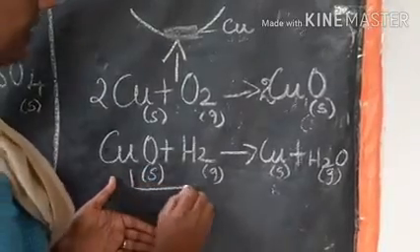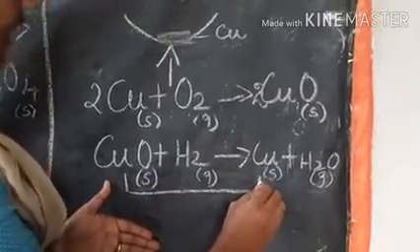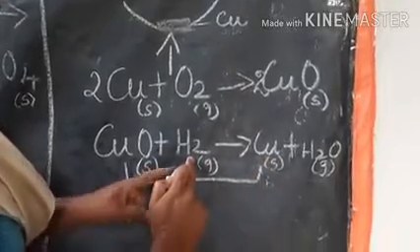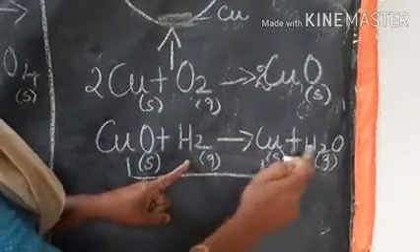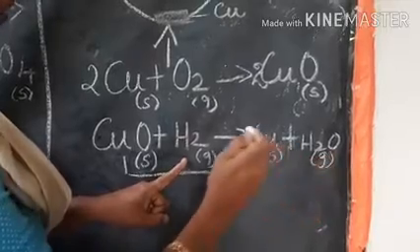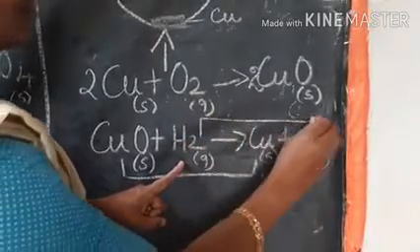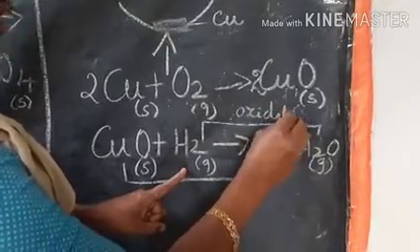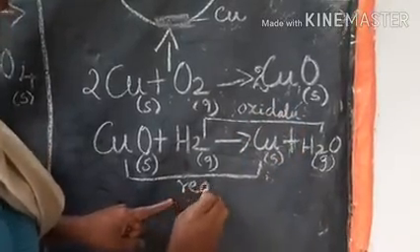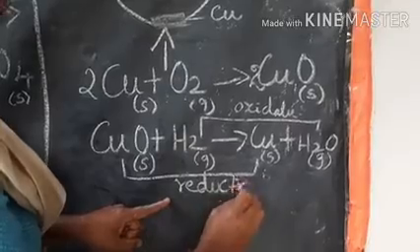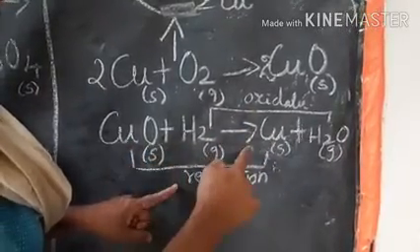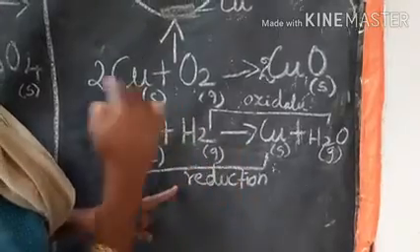So this is reduced. That means reduction took place for this case. And for this case, look here, with hydrogen, oxygen is added. So this is oxidized. Here oxidation took place. Here reduction took place. Since both reactions took place in the same reaction, this reaction is called redox reaction.